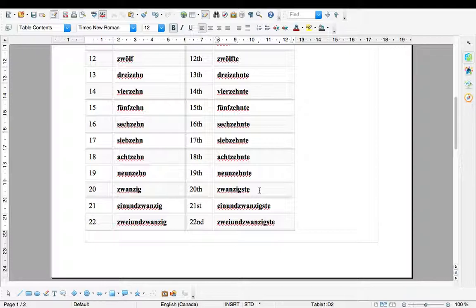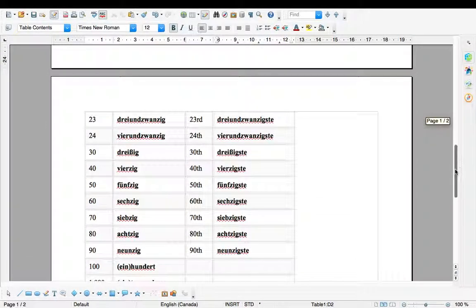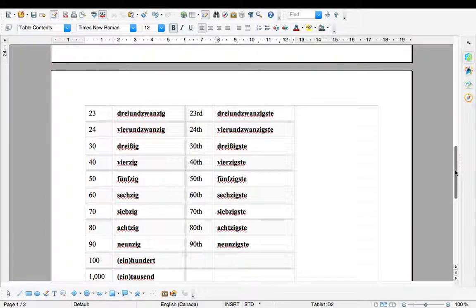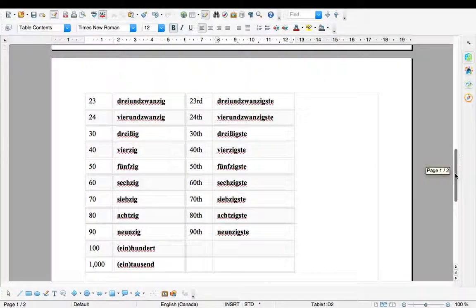Zwanzigste, einundzwanzigste, zweiundzwanzigste, dreiundzwanzigste, vierundzwanzigste, dreißigste, vierzigste, fünfzigste, sechzigste, siebzigste, achtzigste, neunzigste.